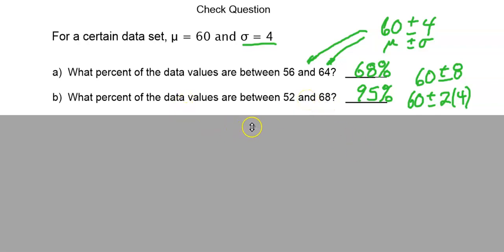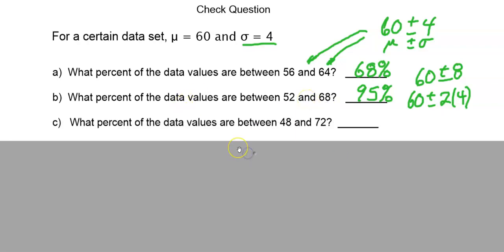And then finally, 48 and 72, that's the same thing as 60 plus or minus 3 times 4. So that's plus or minus 3 sigma. So that's going to be our 99.7%.